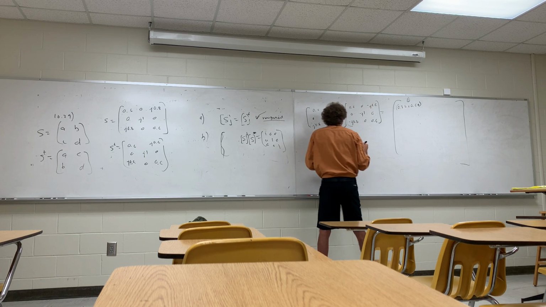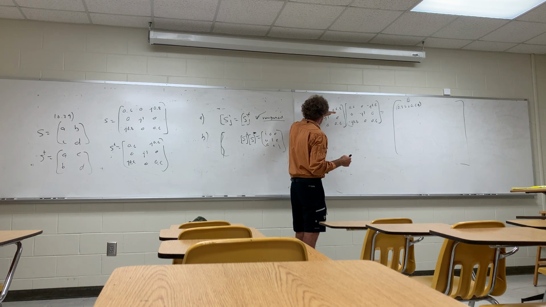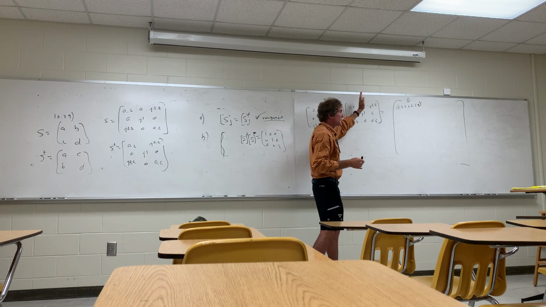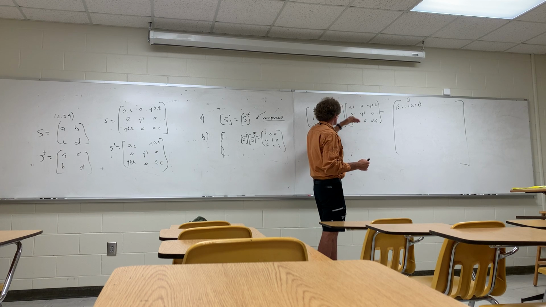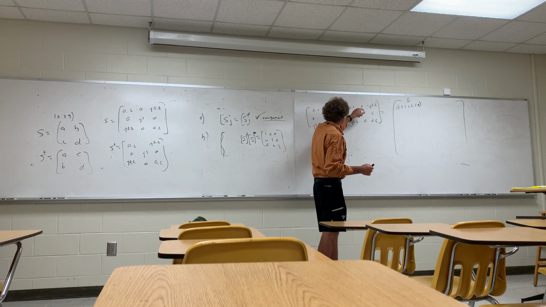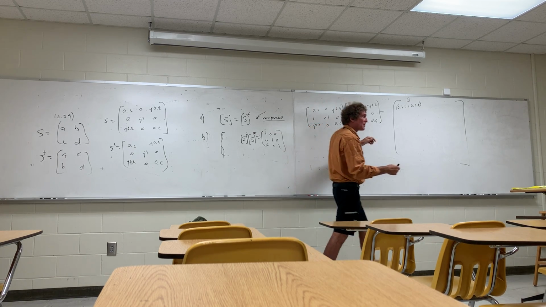Now, we could go down and fill a whole column, but next, take a look at this. If I want the 1-2 term, I would take row times column. You all follow me on this? So the row is 0.6 times 0 plus 0 times minus j1 plus j0.8 times 0, which is 0.